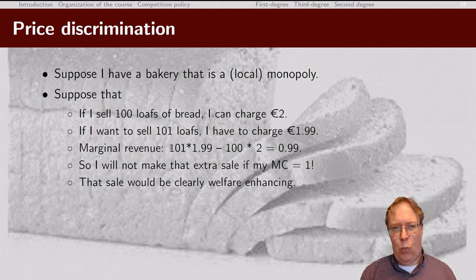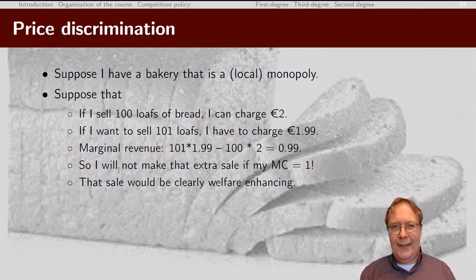Okay, so if I want to sell one more loaf of bread, what would be my marginal revenue? Well, to sell 101 loaves of bread, I need a price of 1.99. If I want to sell 100, I can set a price of 2. So the difference between these two revenues would be my marginal revenue, right? That's 0.99 in this case.